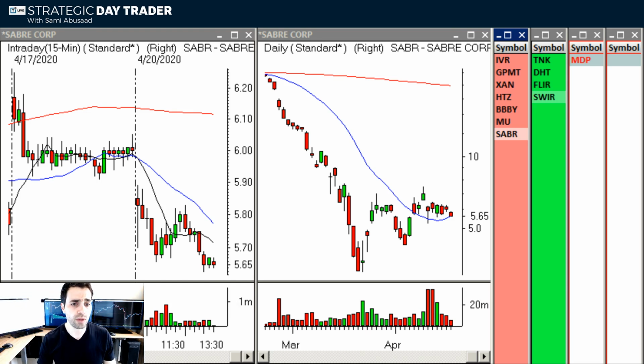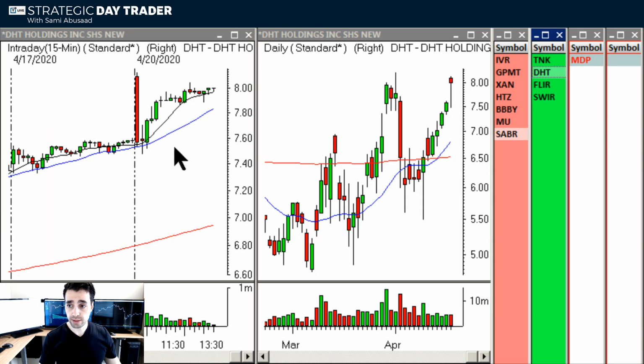Refreshing the page. No, I'm using Realtick. It's called EMS actually, Realtick. For my intraday scanning. For swing trading, I use DC2000. Okay. DHT looks like it's going to be a breakout.